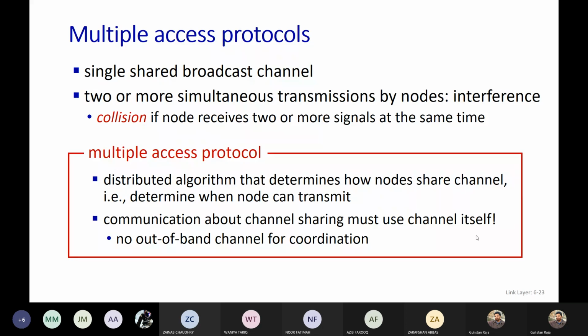There is a standard term which is used, and that is known as collision. Collision means that two or more signals of nodes are transmitted at the same time and one or more bits collide with each other.